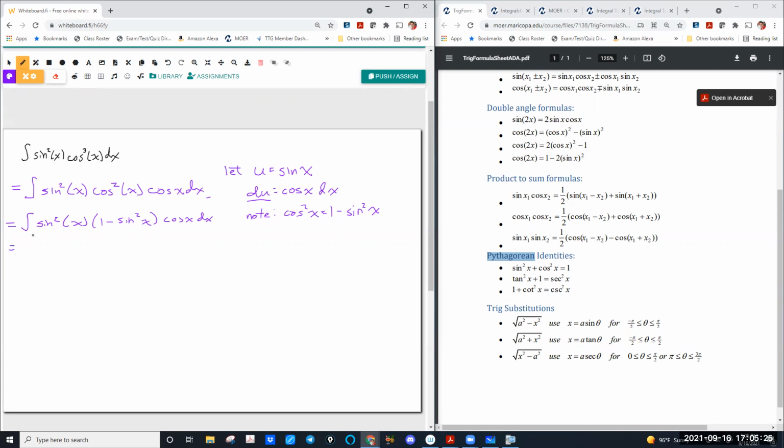Now we can get this whole thing in terms of u, because sine squared is just u squared. This here is 1 minus u squared. And this guy is exactly our du.